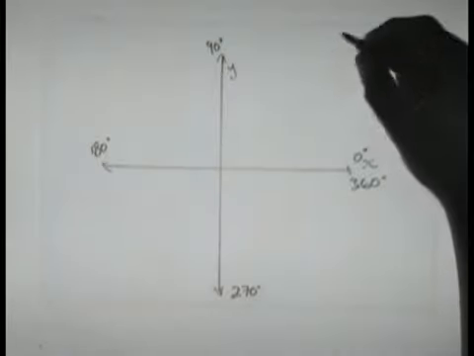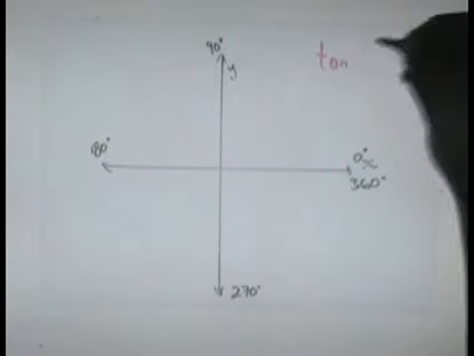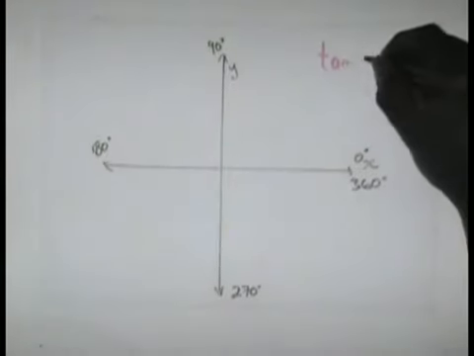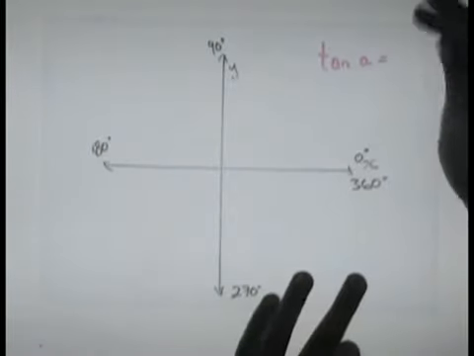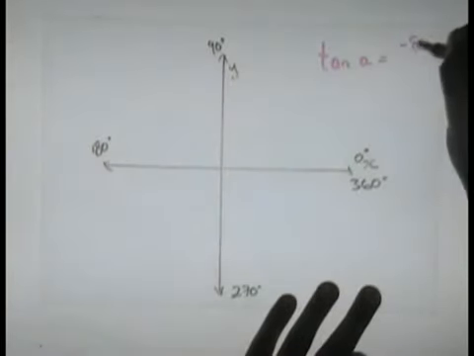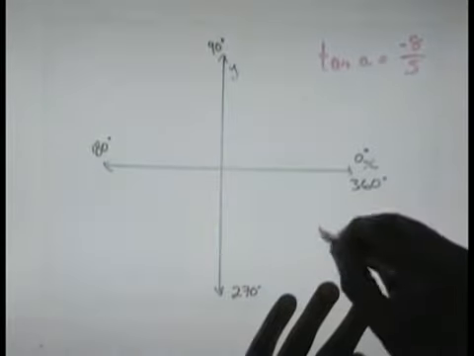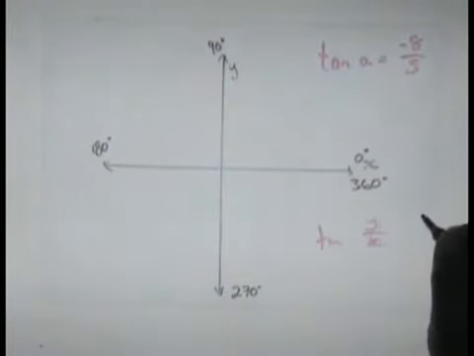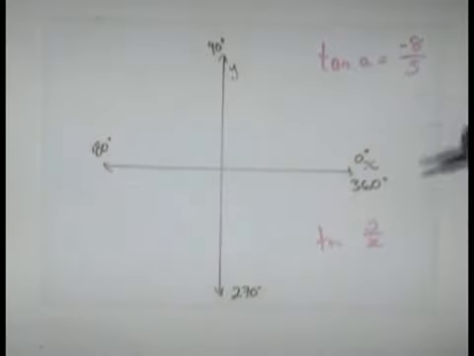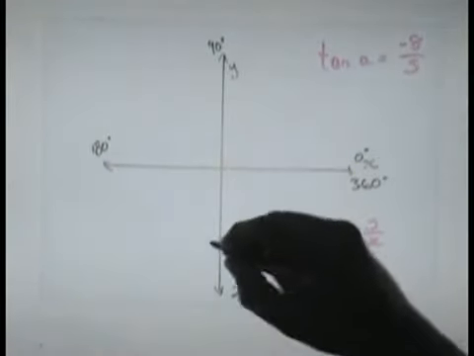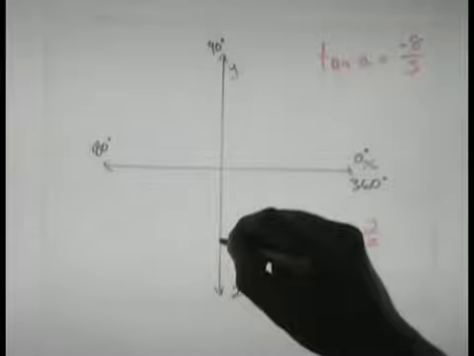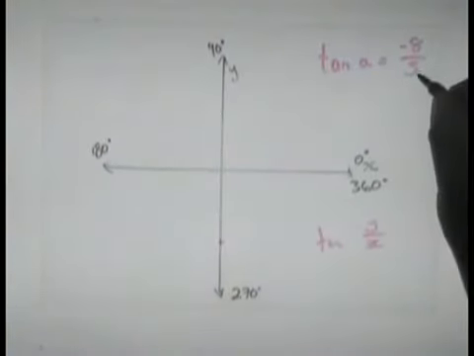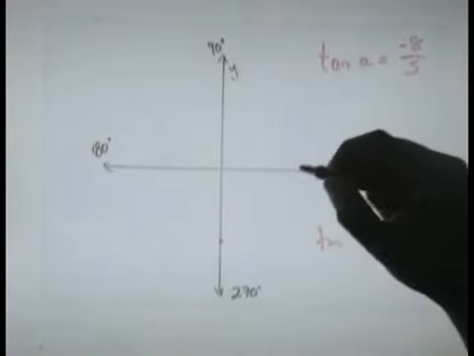The last one I gave you to do said tan of A is equal to negative 8 over 5. Now remember that tan is the function y over x. We are looking for y being equal to negative 8. That's over there. Y is equal to negative 8 and x is equal to positive 5.